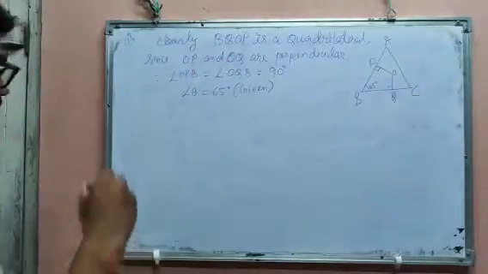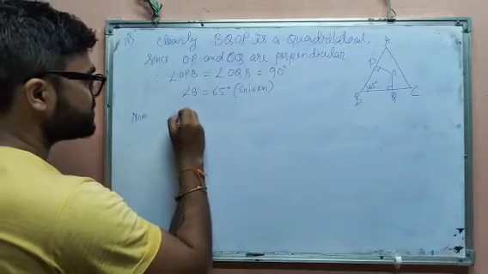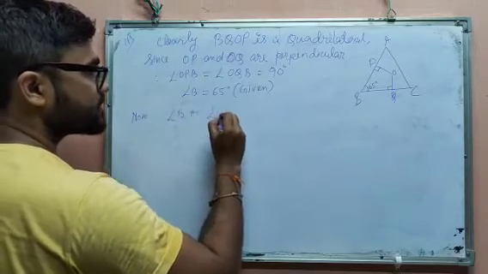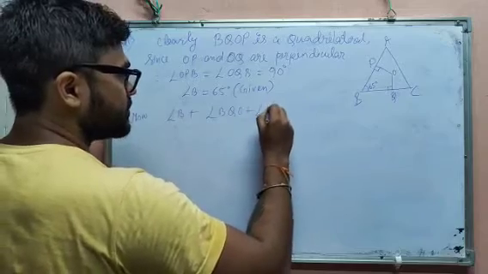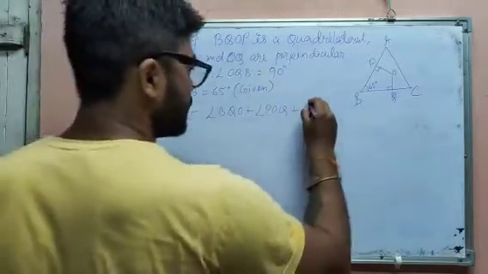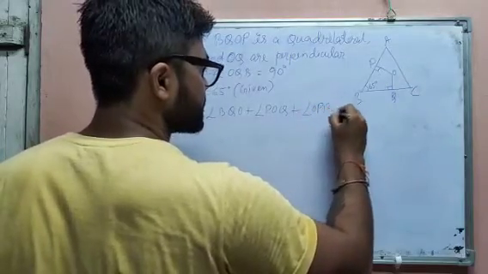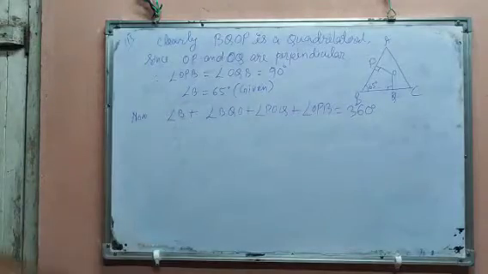Since it is a quadrilateral, angle B plus angle BQO plus angle POQ plus angle OPB equal to 360 degrees.